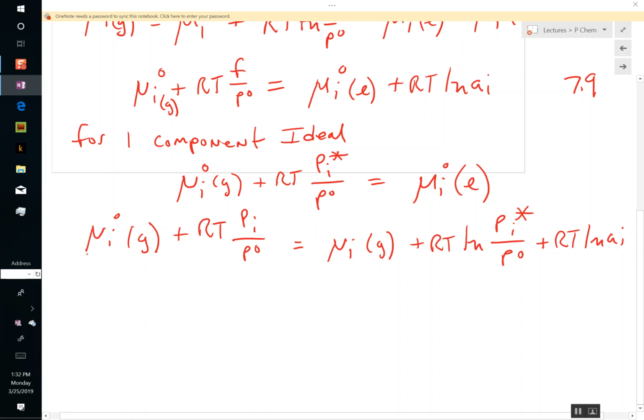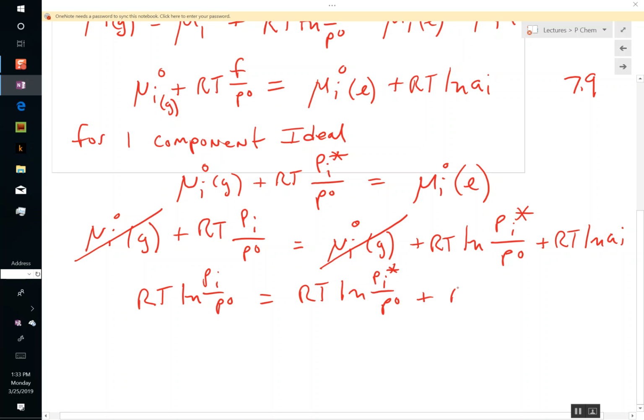You can get an expression like this, and these two things will cross out, and all the RTs cancel out. ln pi over p naught equals RT ln pi star over p naught plus RT ln ai.